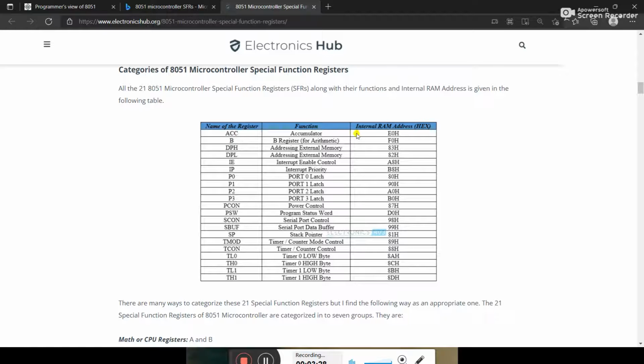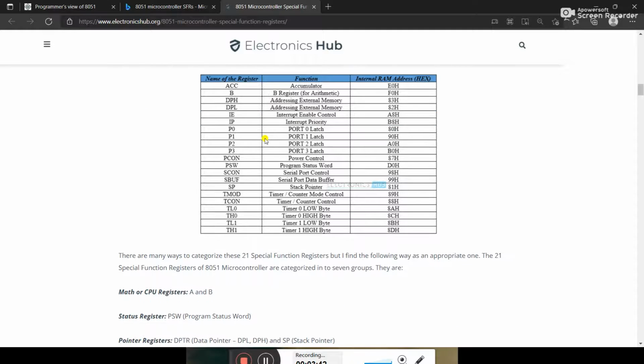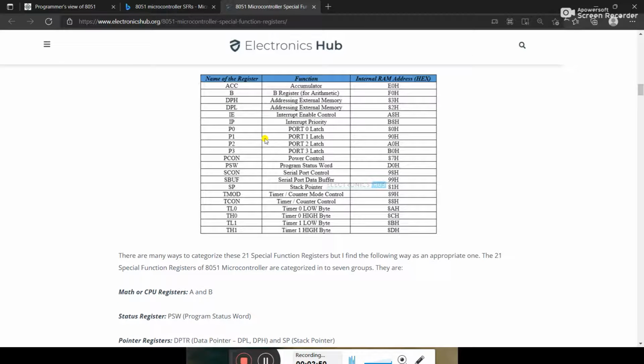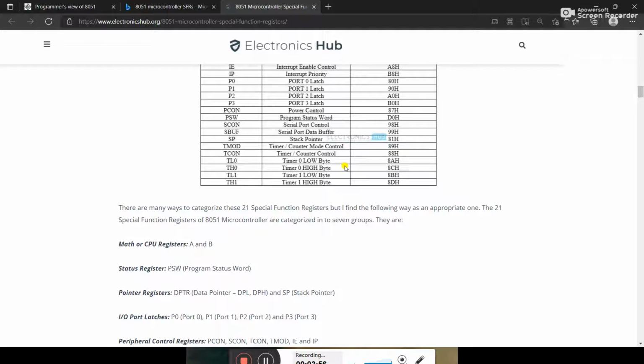The accumulator is situated at E0H, so you can refer to it by E0H. Otherwise you can use the mnemonic ACC. Likewise, we can use these registers easily and provide data to them. Many times you will see how these registers are used for our purposes.